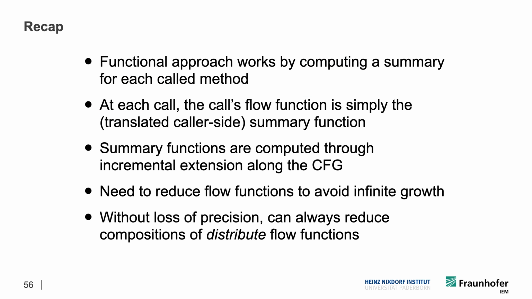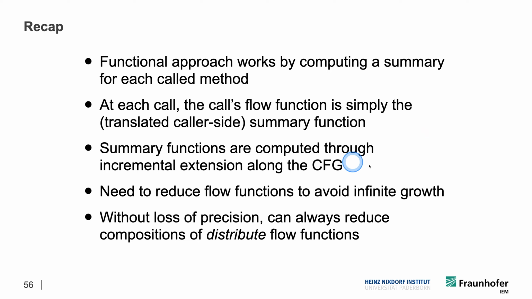So let me recap. The functional approach works by computing a summary for each called method. And then at each call, the call's flow function is really simply the summary function for that particular procedure that is being called, but translated to the caller side, like I showed you, through these call flow and return flow functions.